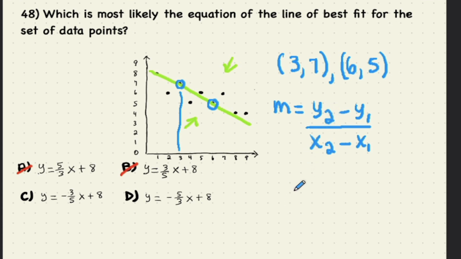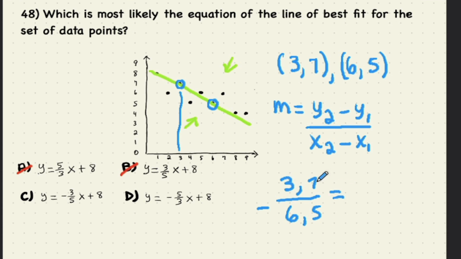But what I'm going to do, if you've seen any of the other previous videos, I'm going to stack these points on top of each other and subtract them. Okay, so we have 3, 7 over 6, 5. And remember, I'm subtracting. So I'm going to subtract the y values, and then I'm going to subtract the x values.